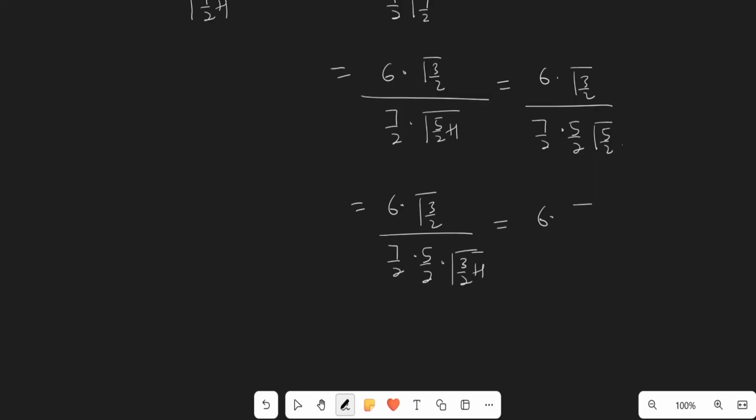Using that identity again, we are going to have 7 over 2 times 5 over 2 times 3 over 2 times gamma 3 over 2.